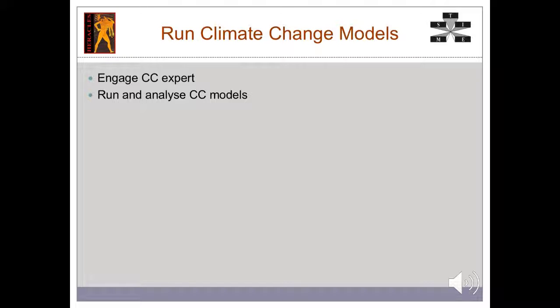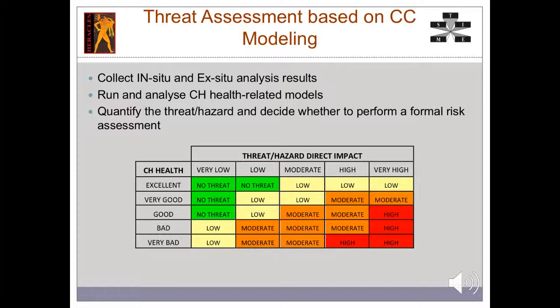You might have a good cultural heritage health, but again, if the impact is very high, you still have a problem. So this allows a way of combining the information of the severity of the threat and the condition of the cultural heritage.